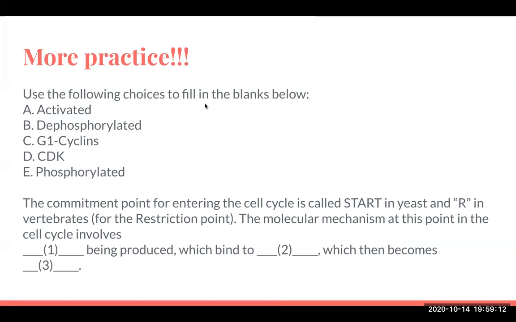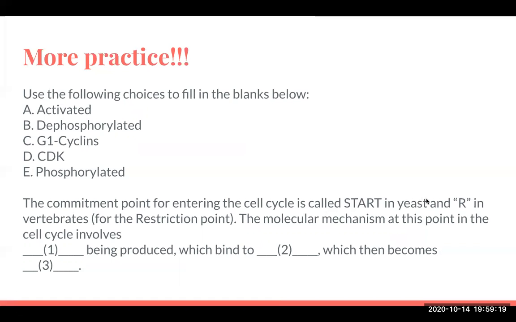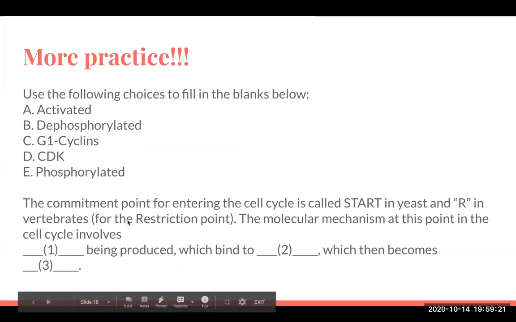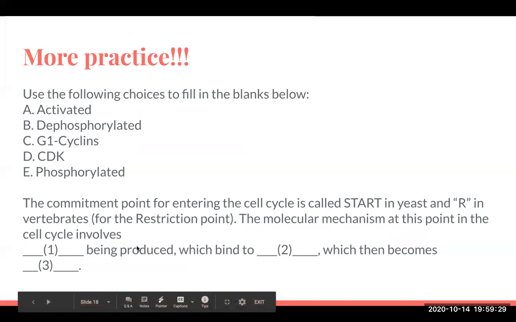Use the following choices to fill in the blanks. The commitment point for entering the cell cycle is called start in yeast and R in vertebrates, the restriction point. The molecular mechanism at this point in the cell cycle involves something being produced, which binds to something, which then becomes something.